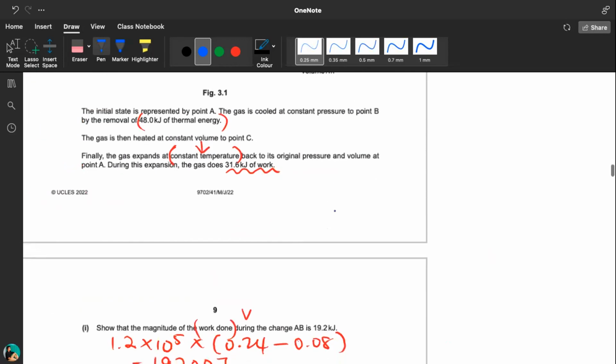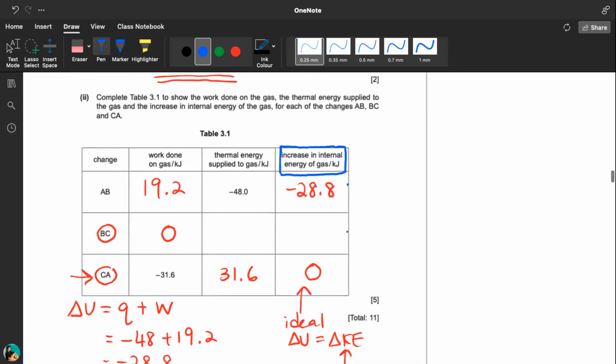That means this one added with this one must equal zero. If this is zero, then to make this overall zero, this must be a positive 28.8. AB is minus 28.8, BC is plus 28.8 because CA is zero. So the only way you get zero resultant, this must be a positive 28.8 kilojoule.